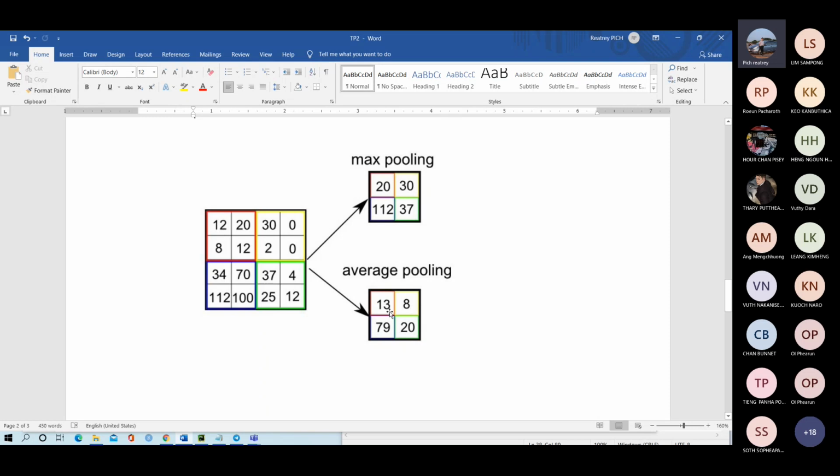This is the average pooling technique. In the common way, the pooling technique is used to normalize the data into an easy form that you can access easily, and also increase the performance. So this is the pooling technique.